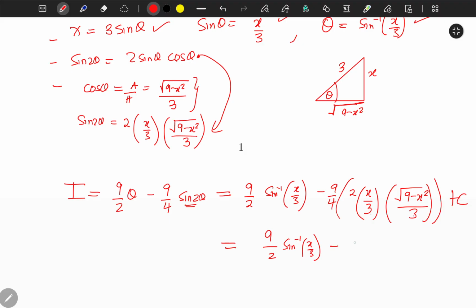So this will give us x root of 9 minus x squared. Remember that the down part is 36 and the upper part is 18, and 18 can go into 36 twice. Plus c. That is the answer. Wonderful.